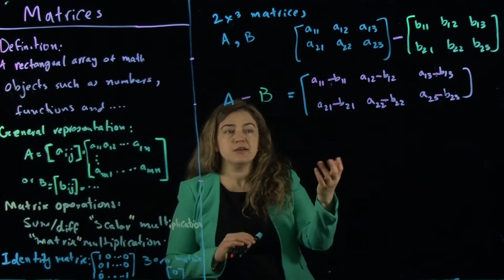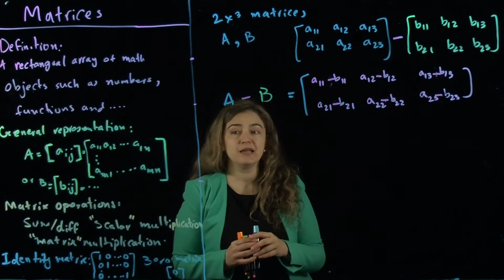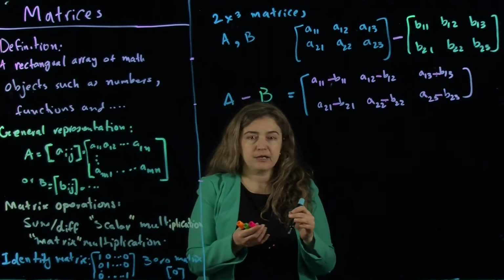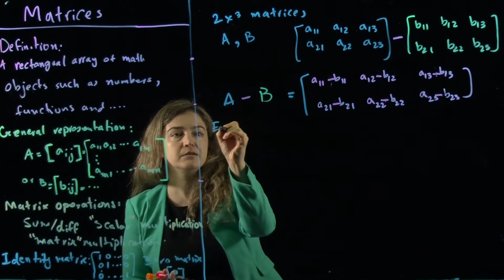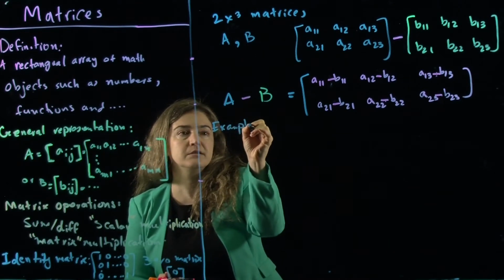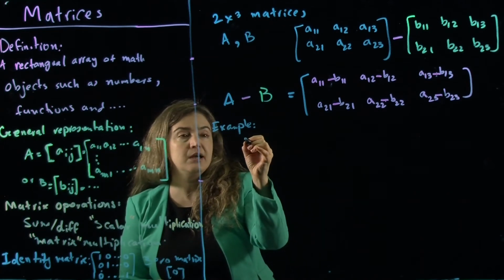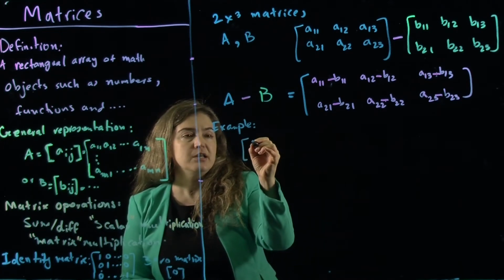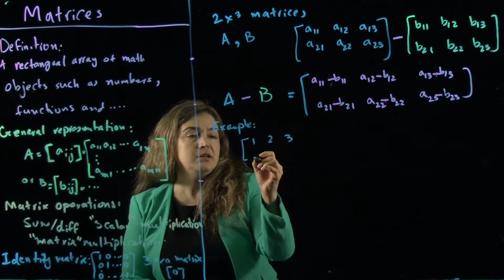Example, let's give one example of subtraction, and then we move on to scalar multiplication. We gave an example for addition. Now subtraction. Let's subtract 1, 2, 3 from the other matrix.